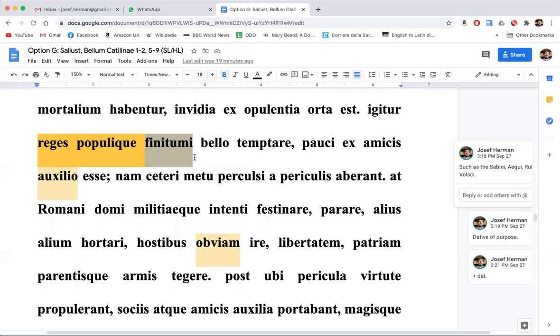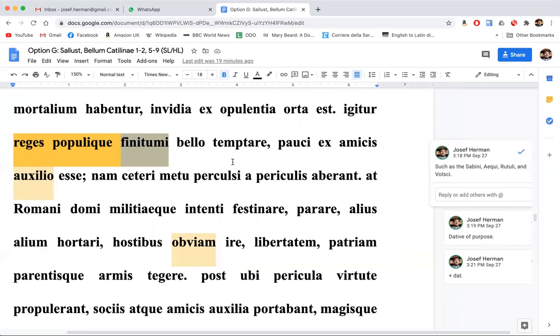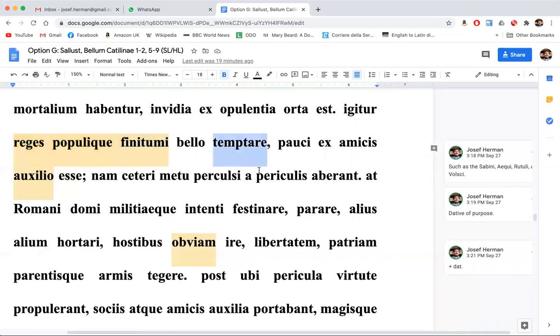So nearby, neighboring kings and peoples. And if we read Livy or someone, we can find out who these peoples are, right? The Sabines or Sabini, the Aequi, the Rutulians or Rutuli, the Volsci, right? All these sort of Italian tribes. So neighboring kings and peoples, temptare.